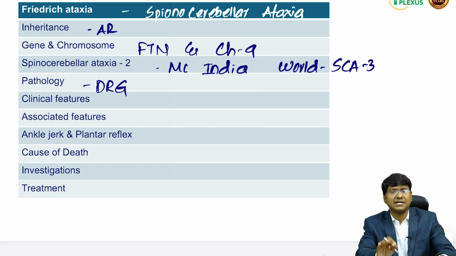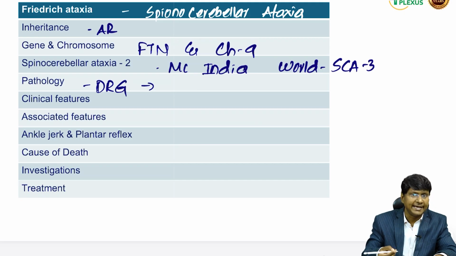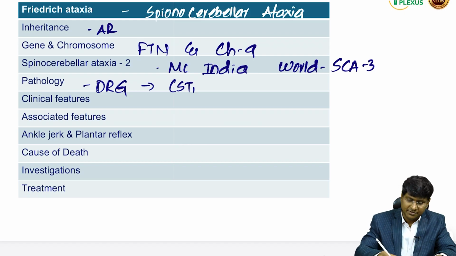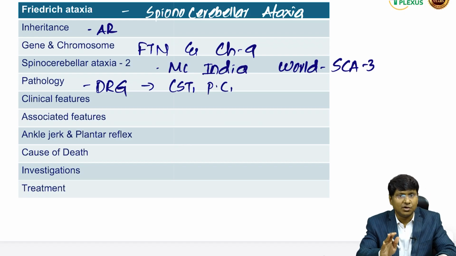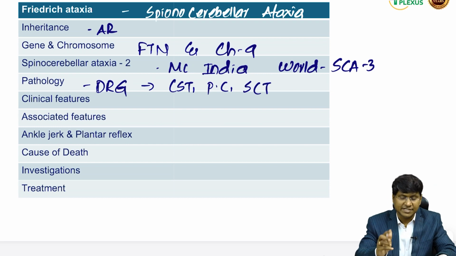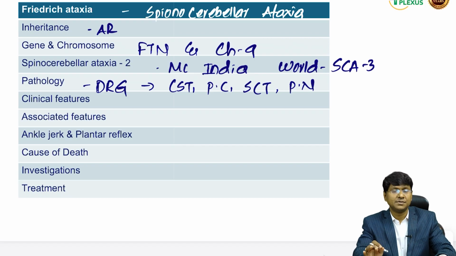That is the first major abnormality seen in Friedreich's ataxia, followed by degeneration of the corticospinal tract, the posterior columns, the spinocerebellar tract, and the peripheral nerves. But the first major structure affected is the dorsal root ganglia.